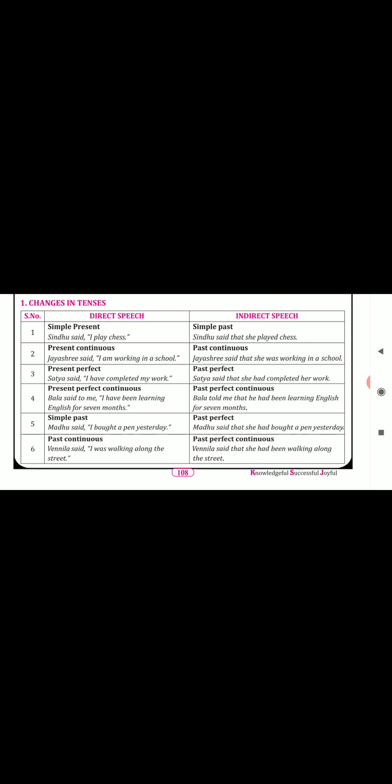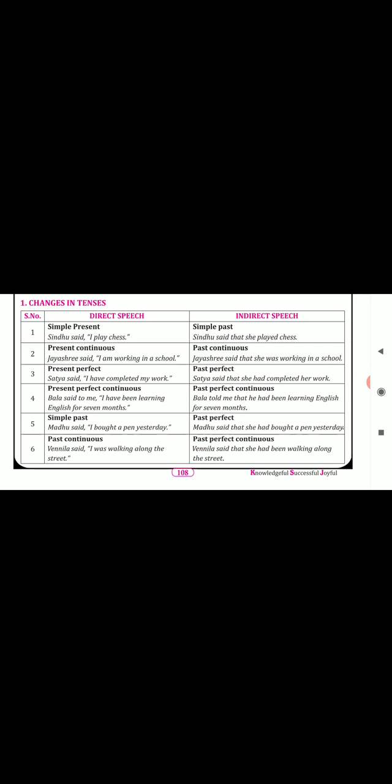And then a simple past tense verb. Madhu said, "I bought a pen yesterday." So here in the reported part, we have the verb bought in simple past. So a simple past tense verb should be changed into past perfect.